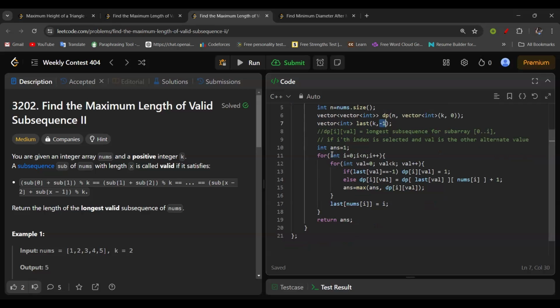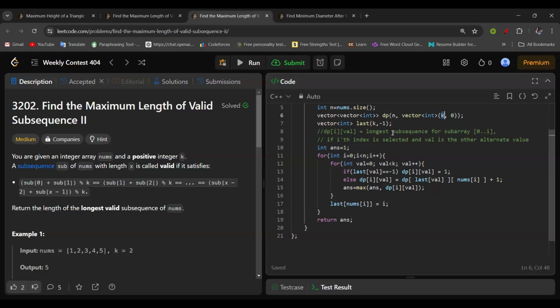So now we would iterate. Whenever you have to write an iterative DP solution, if you have a state of n cross k, just iterate i from 0 to n and the other variable, I've taken val as the variable here, from 0 to k. So iterate two variables from 0 to n and 0 to k. Now, it depends: if your transition is taking the help of future values, then you would iterate from the back.